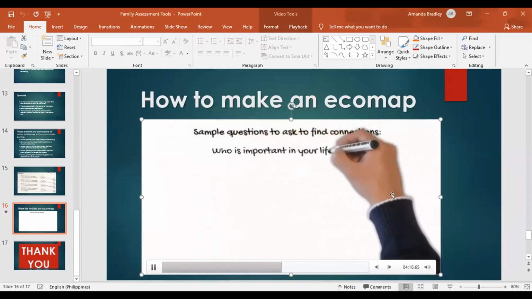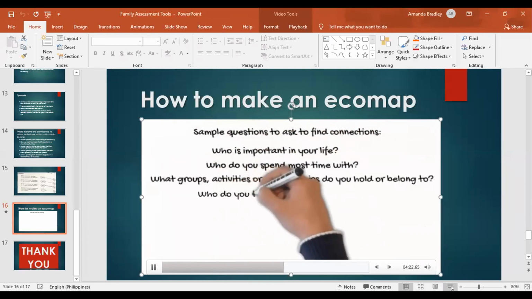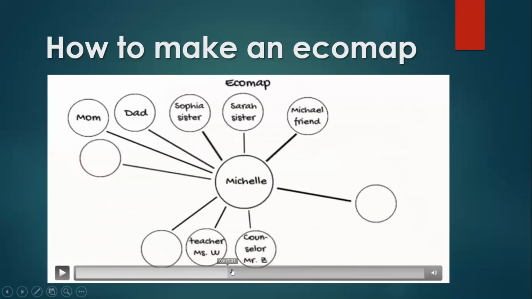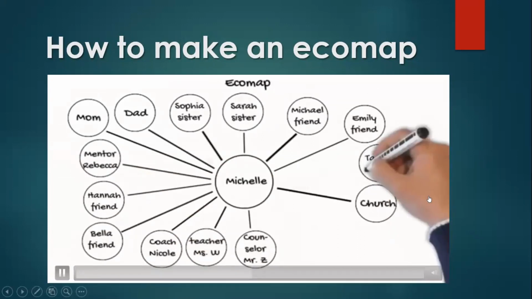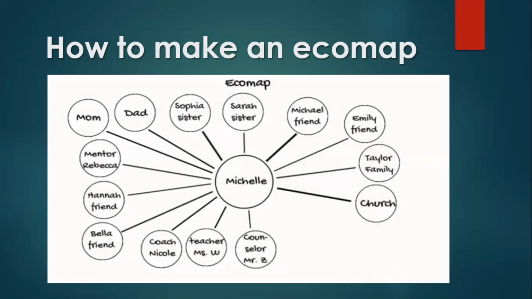Here are some questions you may want to ask to build the eco map. Emergency. Can the parent or youth you interview name an emergency contact? As a last question, we verify if the diagram is complete. Is there anyone missing?